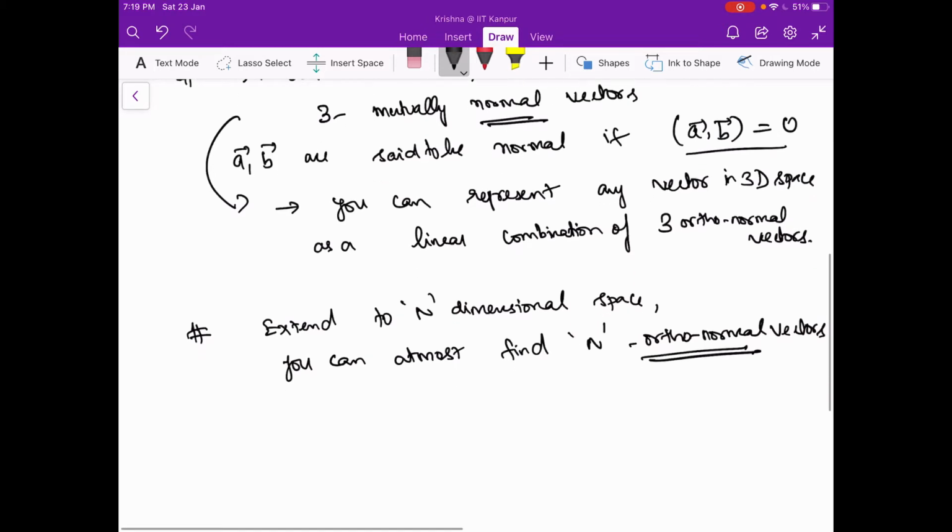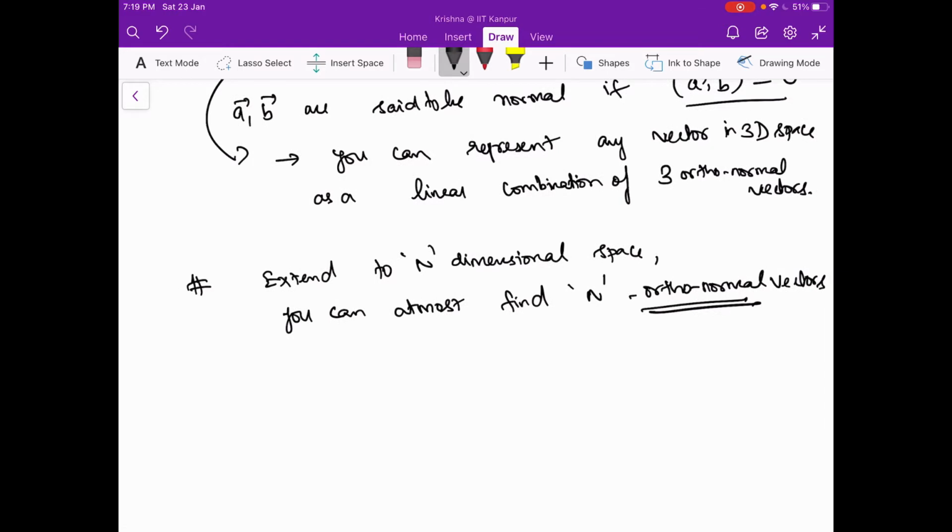Okay, so let me write it again. Let's say the set of such orthonormal vectors is called a basis.